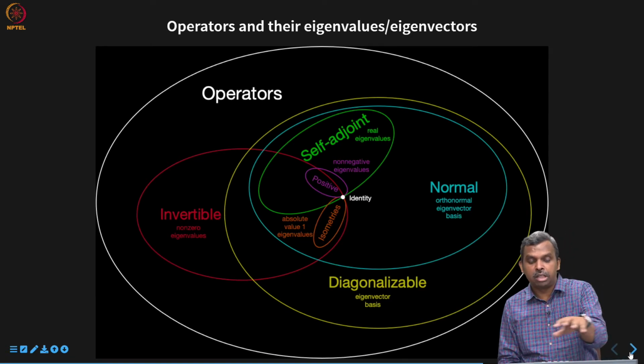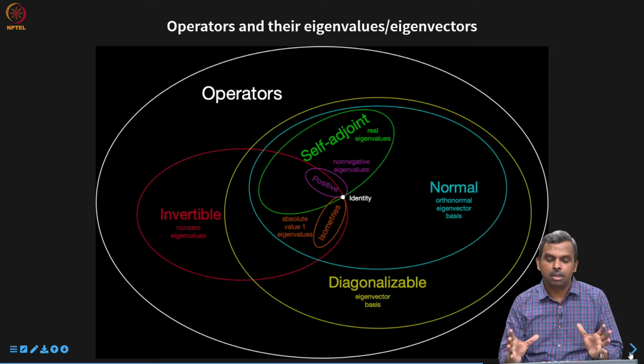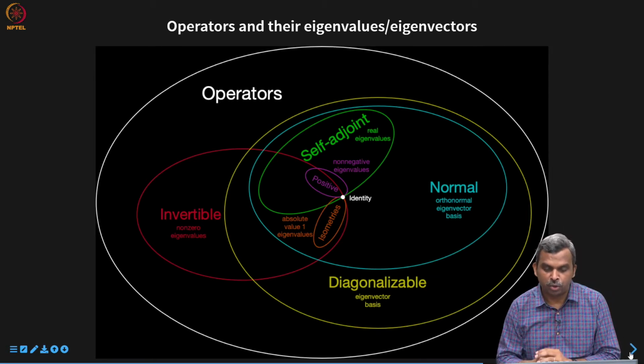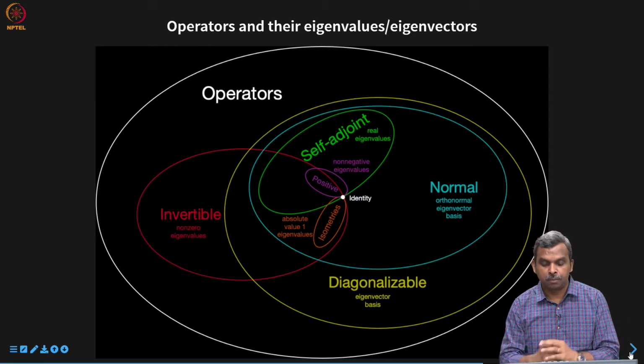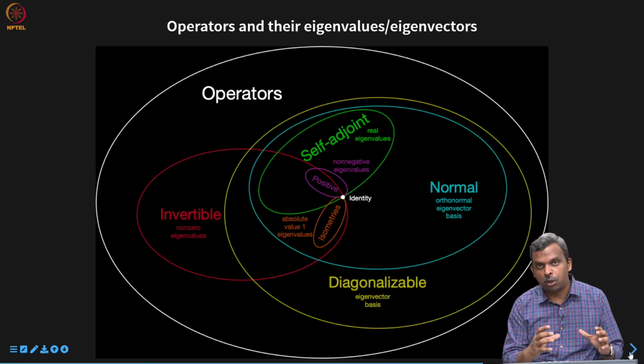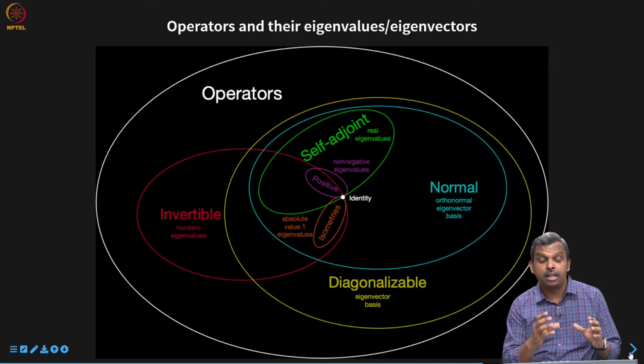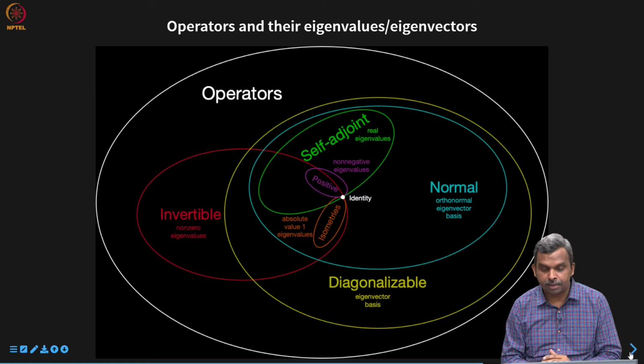We have this big world of operators. I've drawn a rough Venn diagram to give you an idea of how the containment works. You have the world of operators, then within that are invertible operators. In terms of eigenvalues, invertible operators have all non-zero eigenvalues, right? So that's the invertible operators.